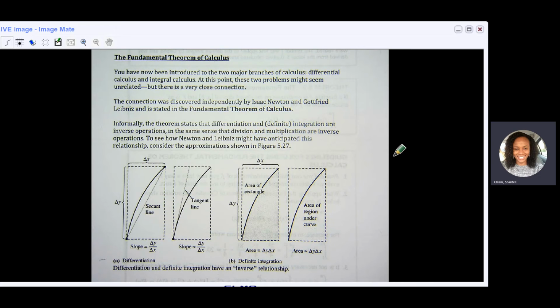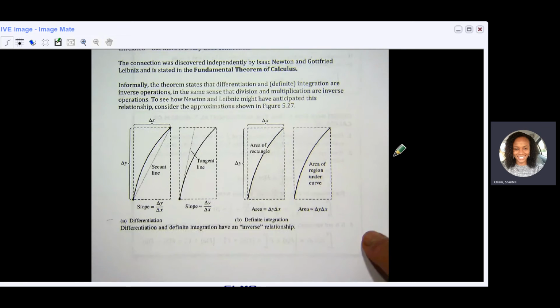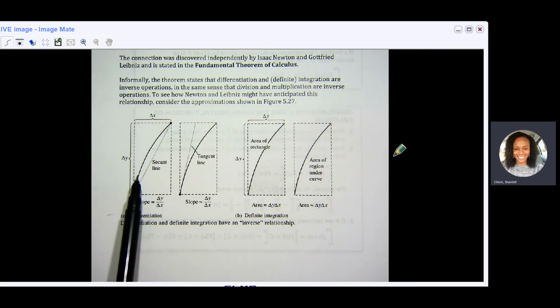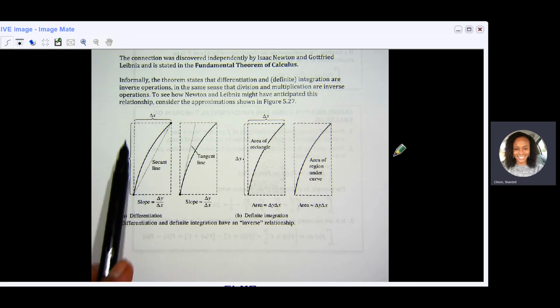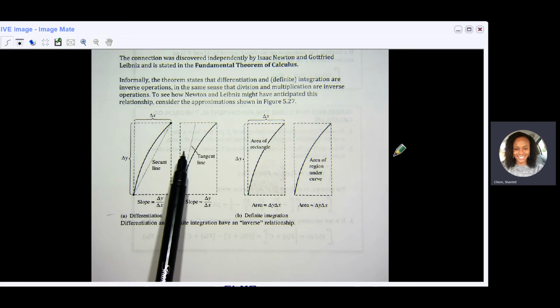They looked at the relationship by looking at a couple of topics here. Differentiation: looking at the slope of a secant line, the change in y over the change in x between those two points, and then the slope of the tangent line used as an approximation for the slope of that secant line.